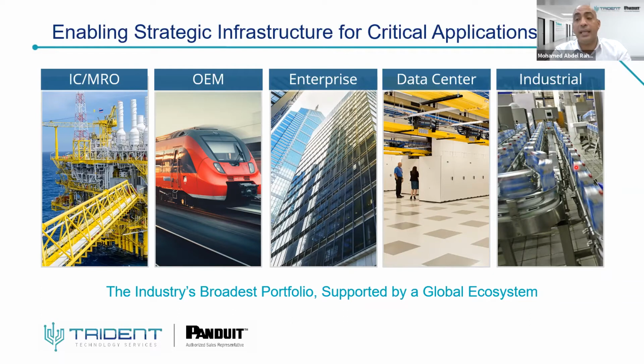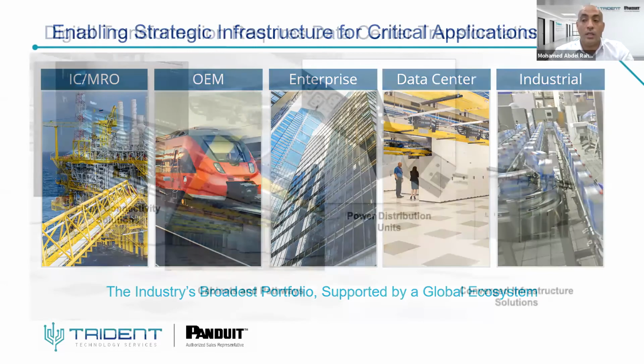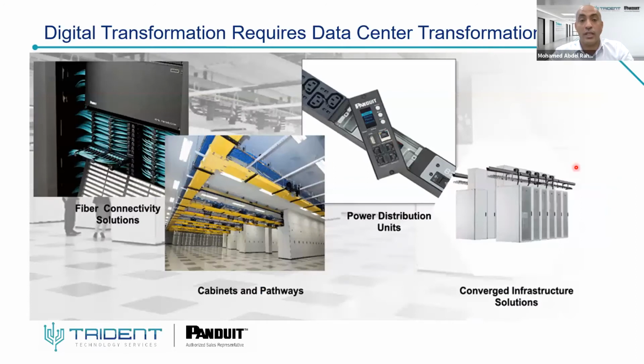And finally, the industrial network business, which includes industrial frames and industrial zone network connectivity, when you are talking about industrial or harsh environments, to meet the requirements for industrial solutions. When it comes to the data center, digital transformation, as we said, requires data center transformation as well.